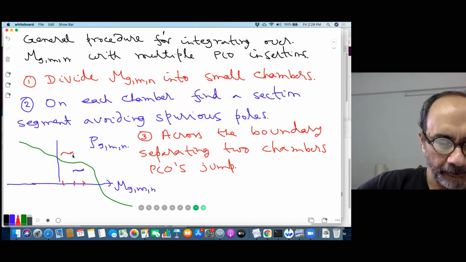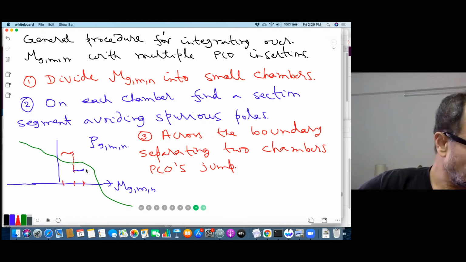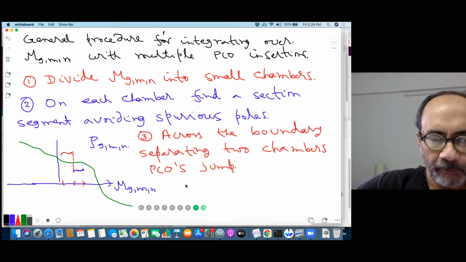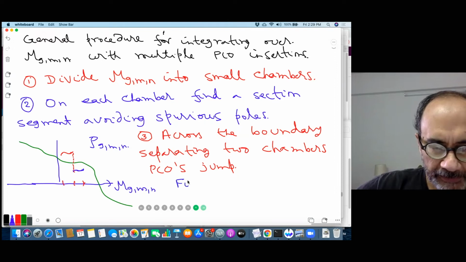There is a jump. And the idea is that we'll have to fill the gap using a vertical segment. We fill the gap.